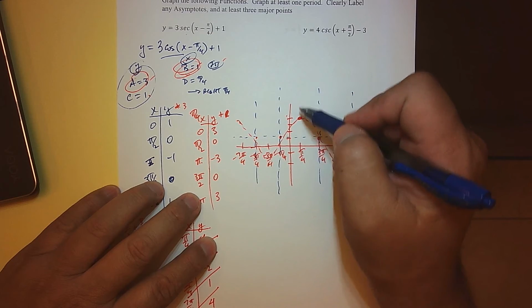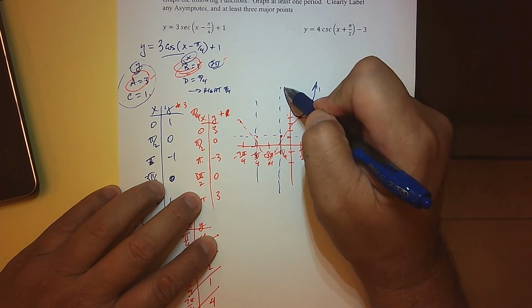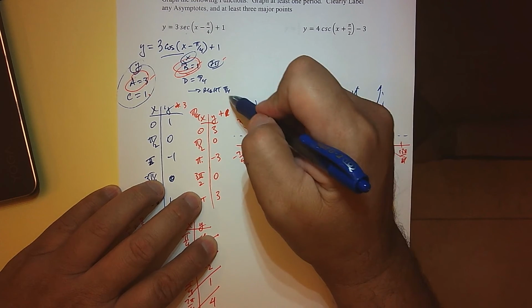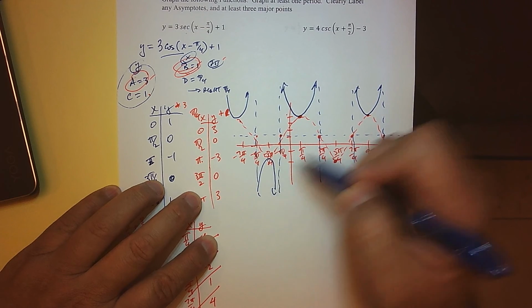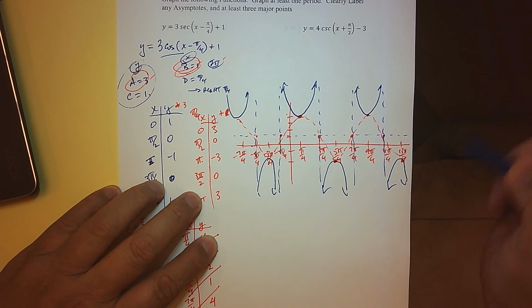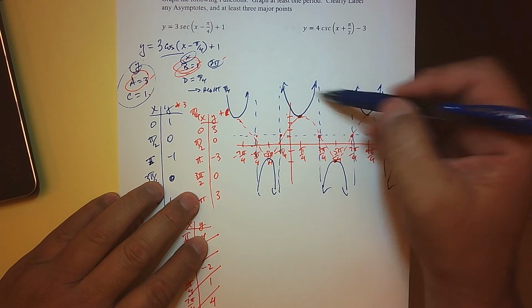And then wherever we're at a high point for cosine, we're actually at a low point for secant, and wherever we're at a low point for cosine, we're at a high point for secant. So there's several different graphs again in the blue pen for our secant graph.